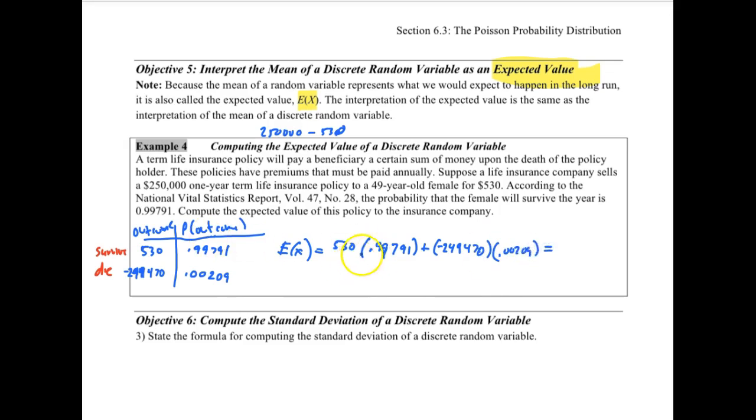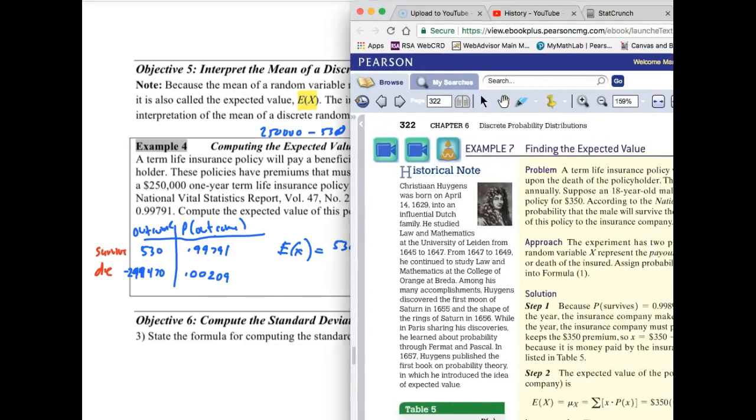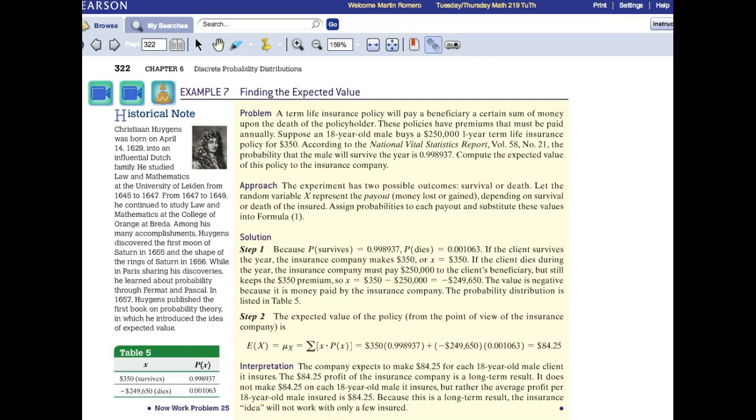That calculation would be what the insurance company ends up making for each of those policies. We'll do that by calculator. I'm also going to remind you how to do that on StatCrunch.